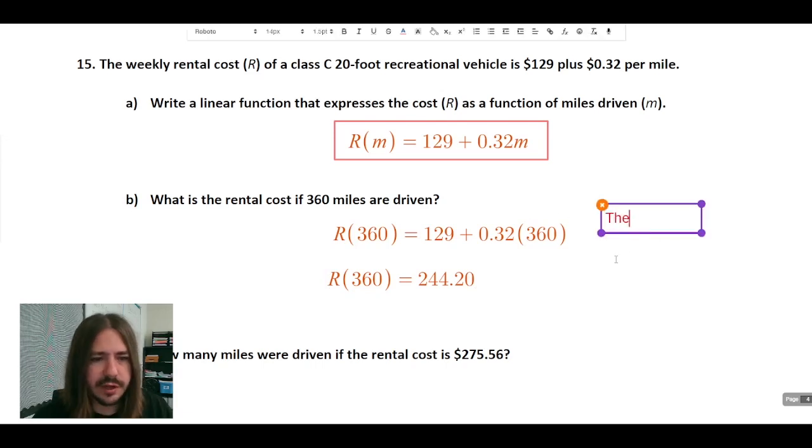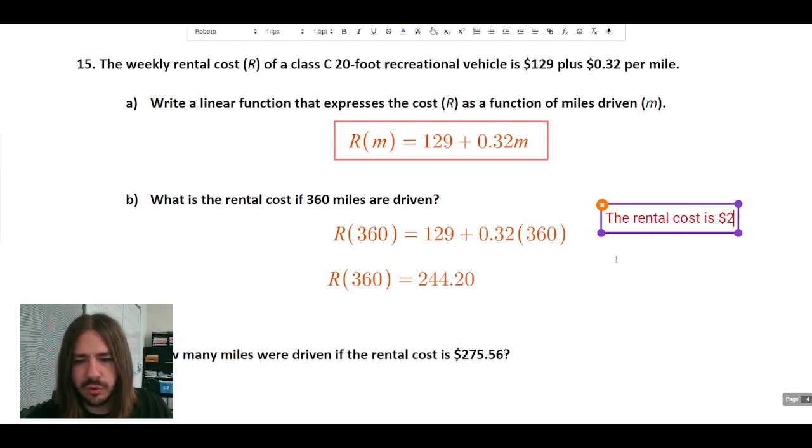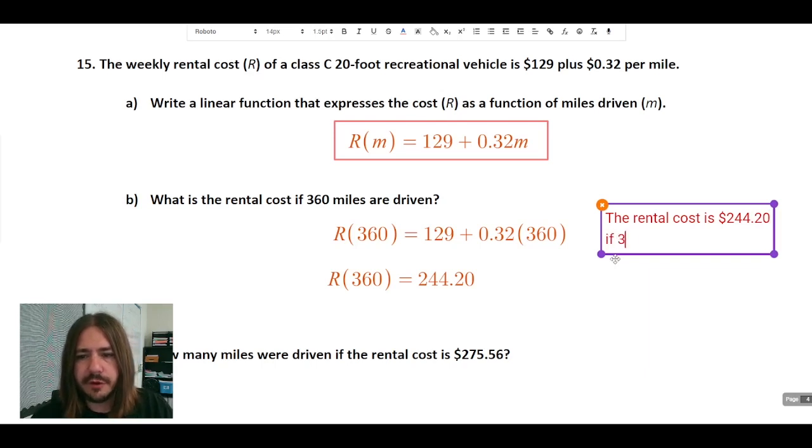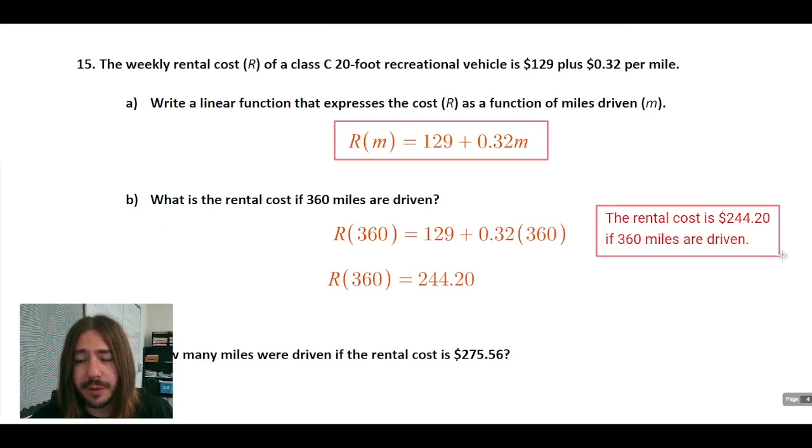Okay, so let's go ahead and answer this question. The rental cost is $244.20 if 360 miles are driven. What I want to point out about how I'm answering these questions, notice how I'm not really being too creative about how I answer them.